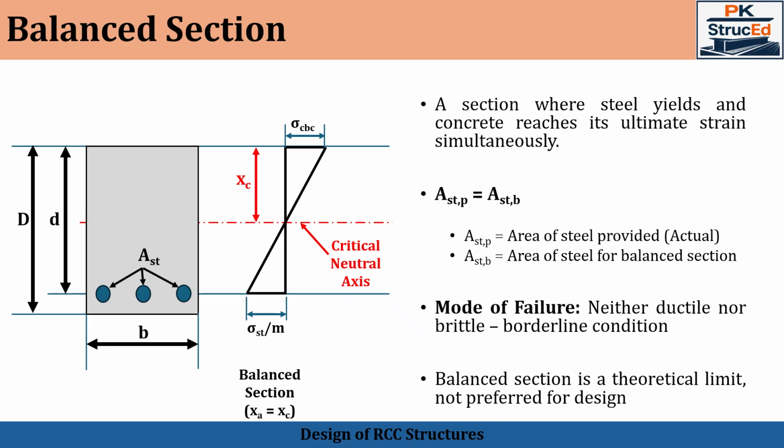This section represents the theoretical limiting condition between under reinforced and over reinforced sections. The failure of a balanced section is sudden with very little warning. Although the section is efficient in terms of material usage, it is not preferred in practice because it does not provide sufficient ductility. Hence, balanced sections are mainly used as a reference condition for design purposes.